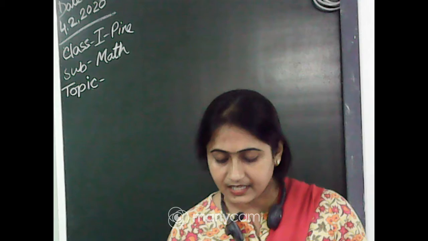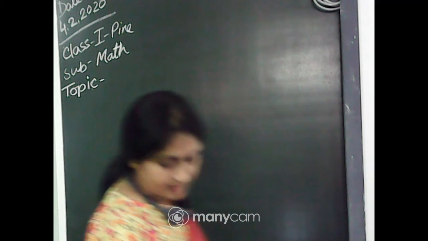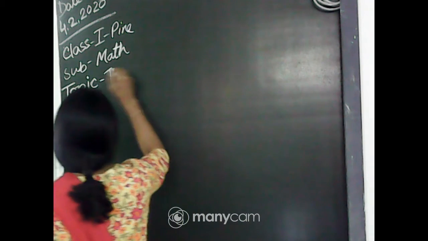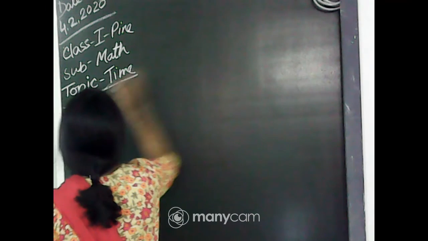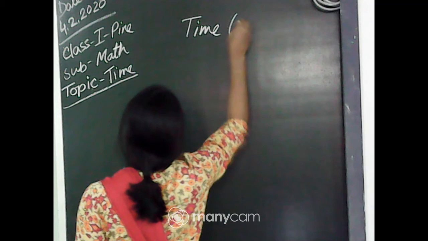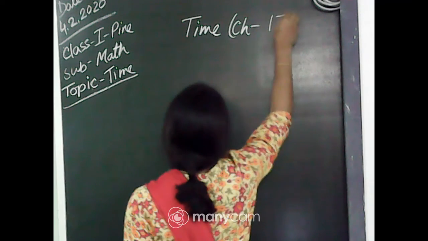I will discuss time. Okay, time, page number 132. The chapter number is 17 of your math composite book.